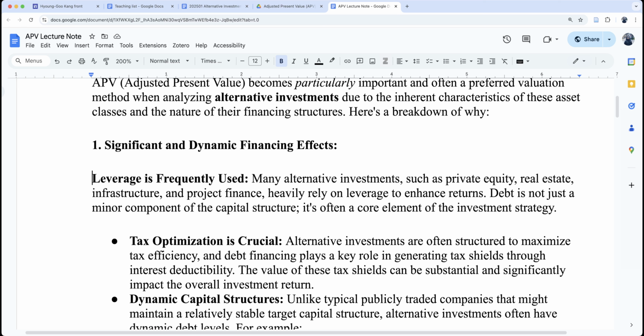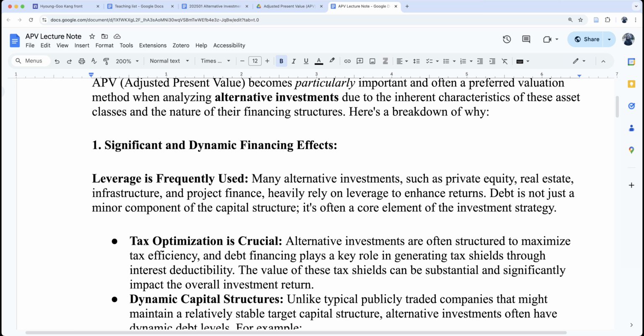Because of that, it is such an important tool for private equity managers, project finance managers, or infrastructure project developers. They have to be very good at financing strategy, very good at financial engineering in order to create value. And APV is one way of measuring the value creation. Therefore, you have to do simulation with APV to design the financial strategy.